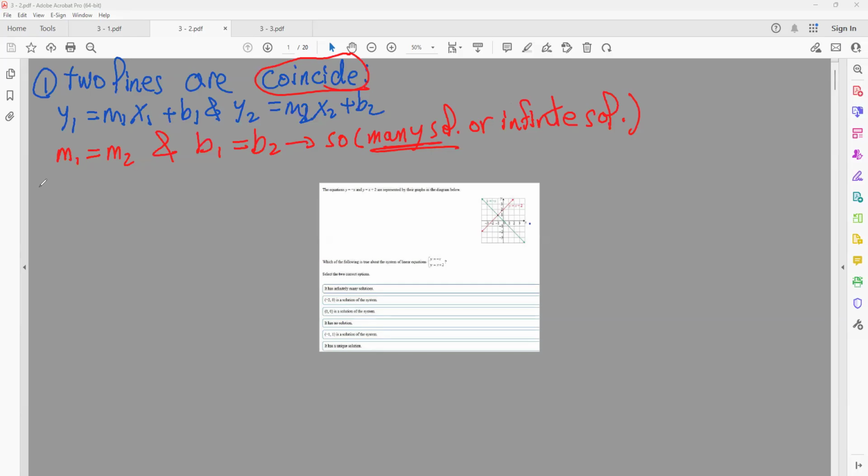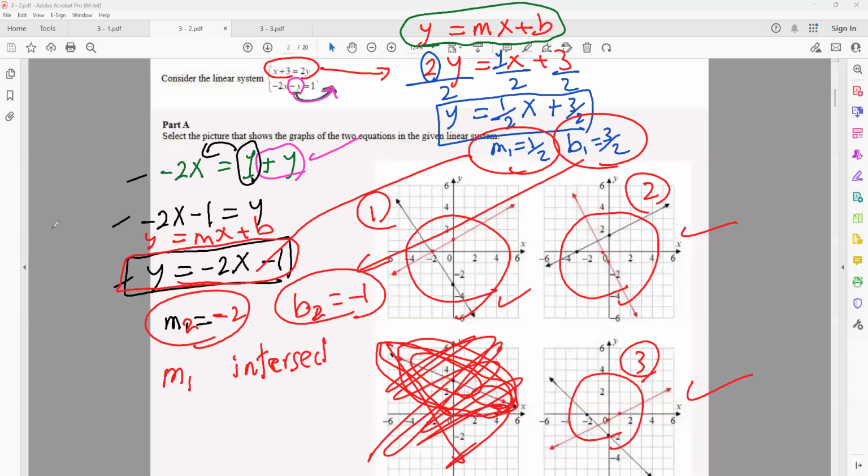Case number two. I think you explained this question to me. I see B1 and B2. B2 is negative 1. Which graph has the line intersecting at negative 1?